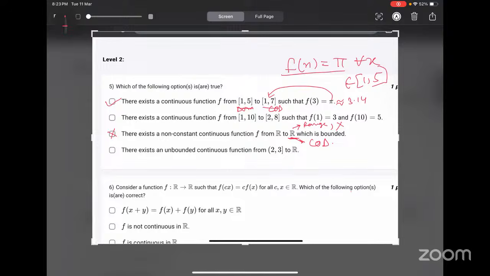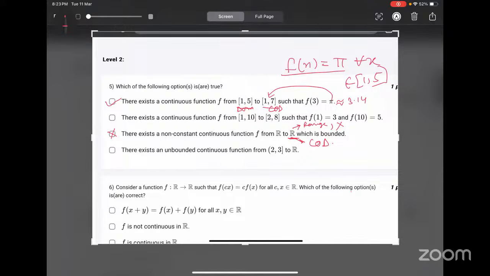What is in the answer? No, ma'am, when you say non-constant, that means there is a variable. It could be x or 2x or x square or 5x square, but there is no pure constant in the equation. For example, in the earlier part, we looked at f of 5 equals 3, f of 1 is equal to 3, f of 10 equal to 5. Those are all constant functions, right?